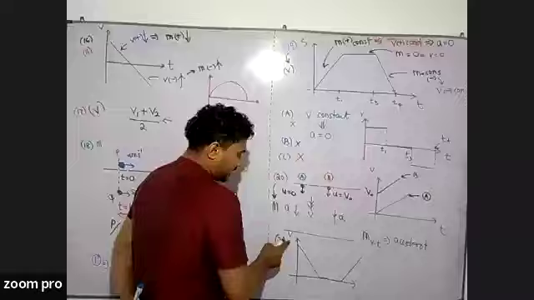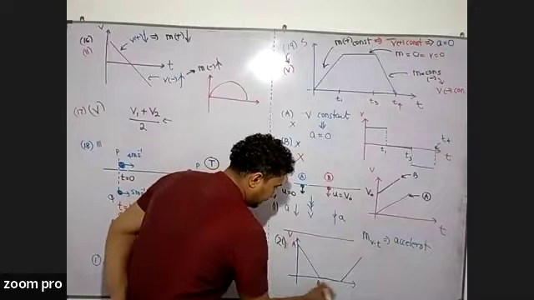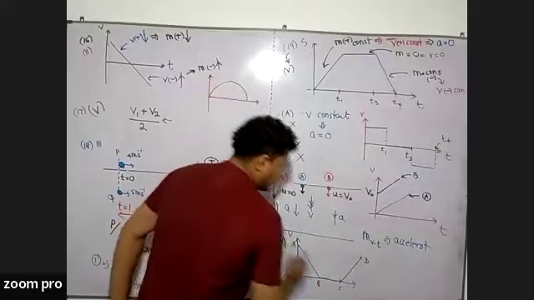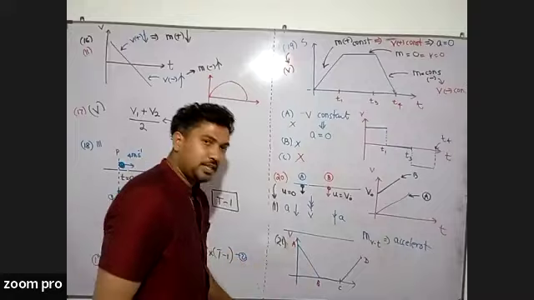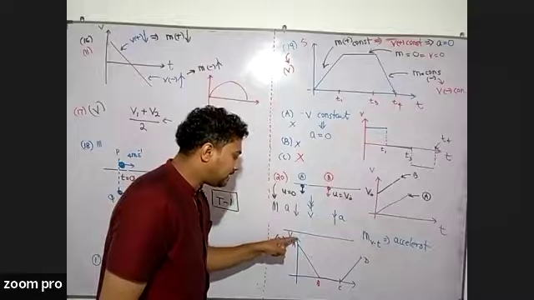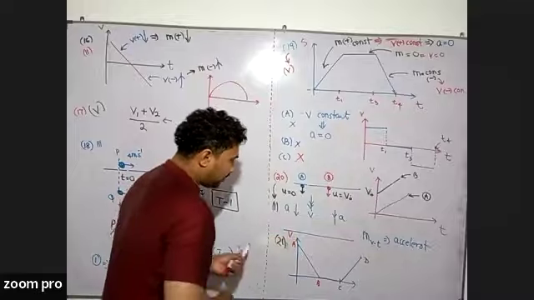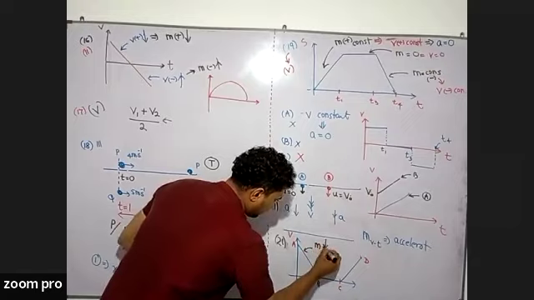Let's call the points A, B, C, and D. What will happen to the velocity from A to B? Now I am asking about the velocity, so velocity can be obtained by considering the y-axis. So from A to B, velocity is reduced.